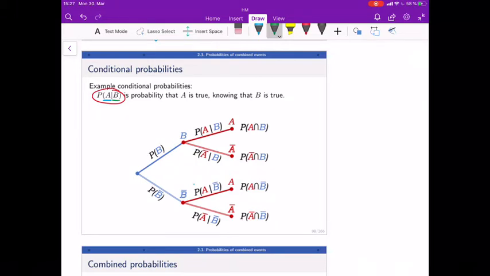So what we're interested in is the first thing here before the line, the A. We want to know how likely is A, but there's already some prior knowledge, and that is the B. This is a very important concept, and let's look at it in this tree diagram that I've got below.